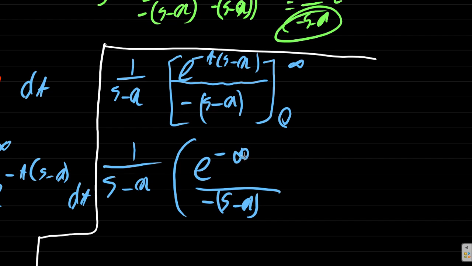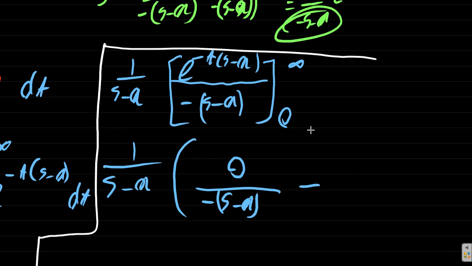We're just becoming infinitely large, right? A number approaches an infinitely large value. E to the negative infinity is 1 over e to the positive infinity. But e to the positive infinity becomes an infinitely large number. So this becomes 1 over infinity. But 1 over an infinitely large number is 0. So this becomes 0.